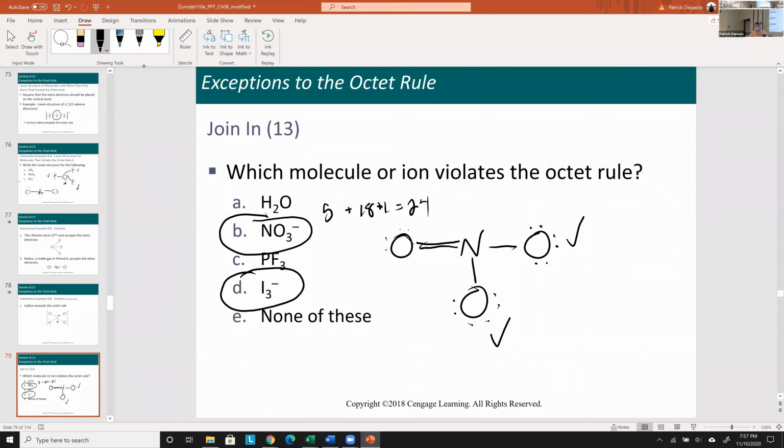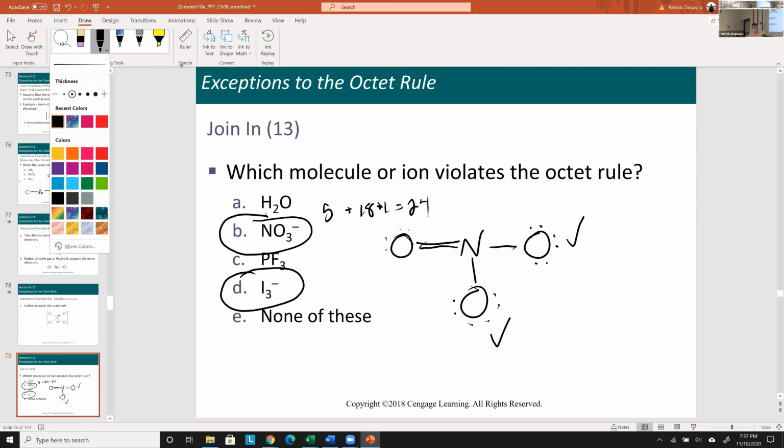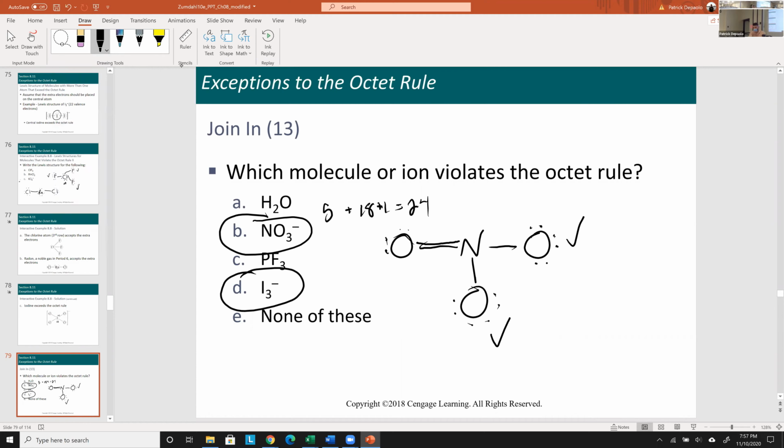And you can still have the octet rule, but that changes the balance a little bit. So doing that, instead of having 2 electrons over here and 2 over here, we end up sharing those 2. So that 24 is our new number. So let's double check that. We have 8 in the bonds, then 1, 2, that's 10, 12, 14, 16, 18, 20, 22, 24.